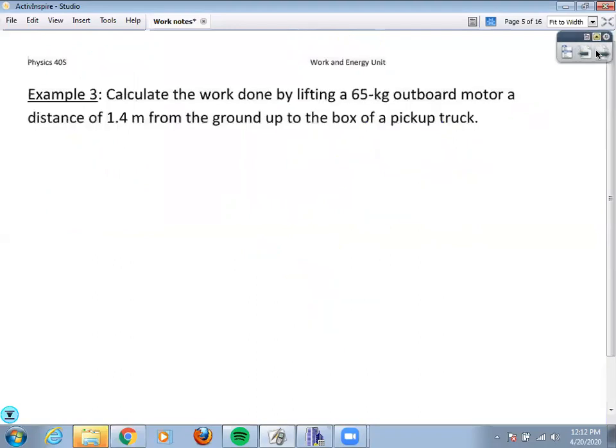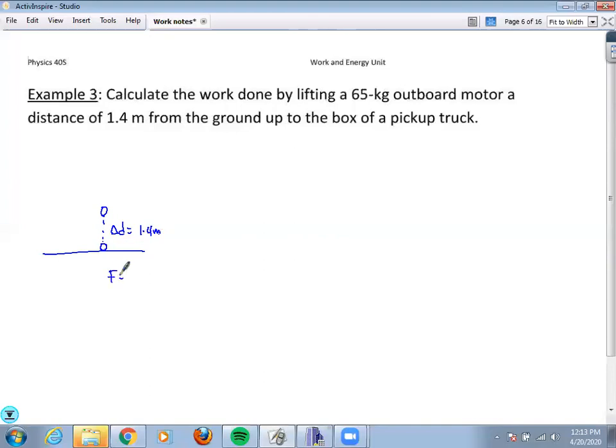Moving on. Number 3. Calculate the work done by lifting a 65 kilogram outboard motor a distance of 1.4 meters from the ground up to the box of a pickup truck. Okay. So essentially we've got the ground, we've got this motor, we're lifting it up. Delta D is 1.4 meters.